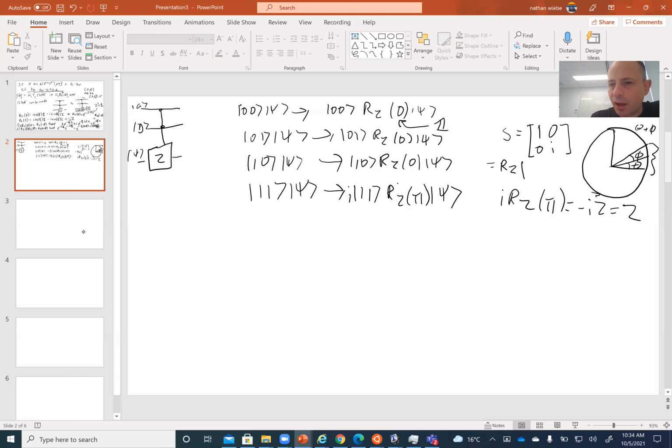RZ of pi by 2, I believe. Then we can actually end up expressing this circuit as the following. Or sorry, we can try to build a template that will carry out this transformation.